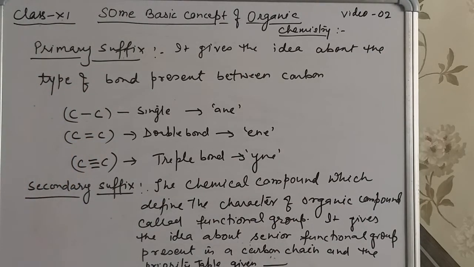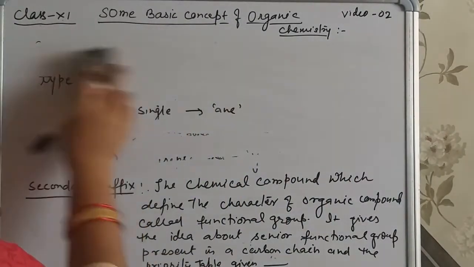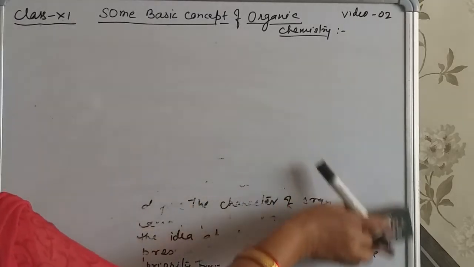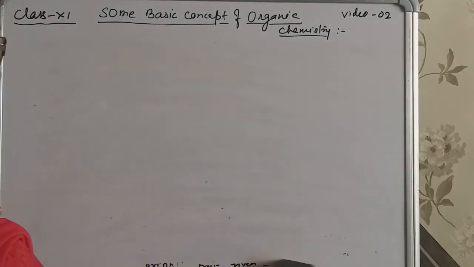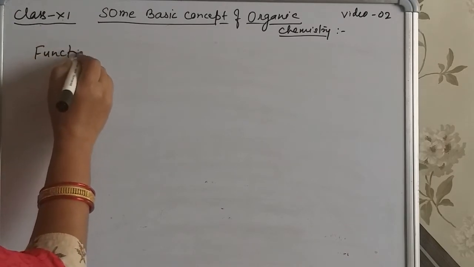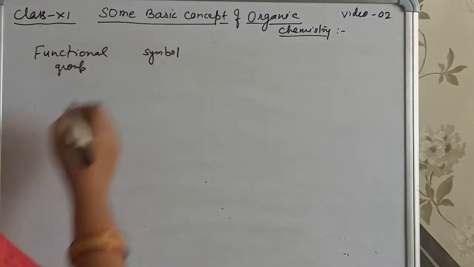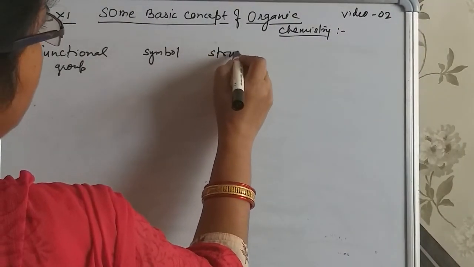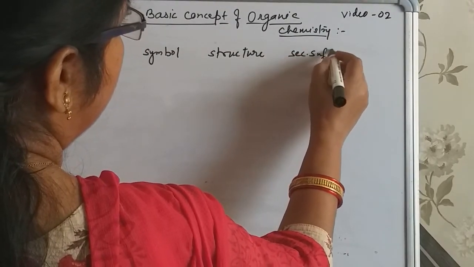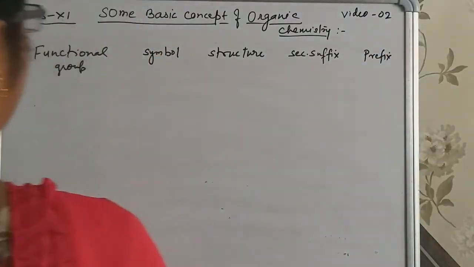So write down the priority table at first. Write down the functional group, then symbol, then structure, secondary suffix, and after that write down the prefix.